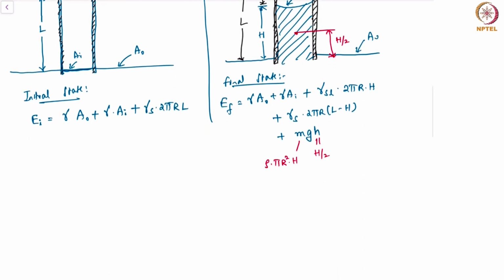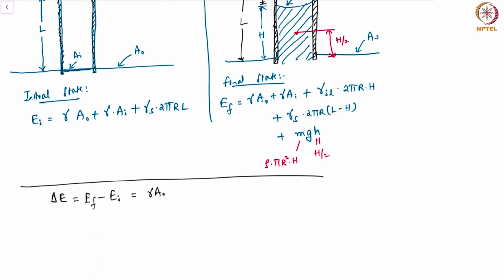Right? Now let's put everything together. We can calculate delta E, that is E final minus E initial. Let's write this down just for the sake of clarity. Now I can make some cancellation here. We'll just first write it down and then we'll do the cancellation.